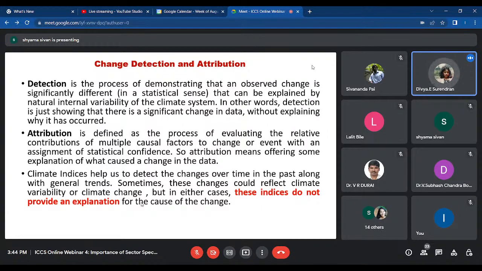Like if the urbanization rate is increasing, whether it is related to the increasing temperature, or whether it is related to the pesticide you are using. So many things we have to combine and then take a decision. So the index or indices provided by Climpact will be helpful for the detection process. Next slide.